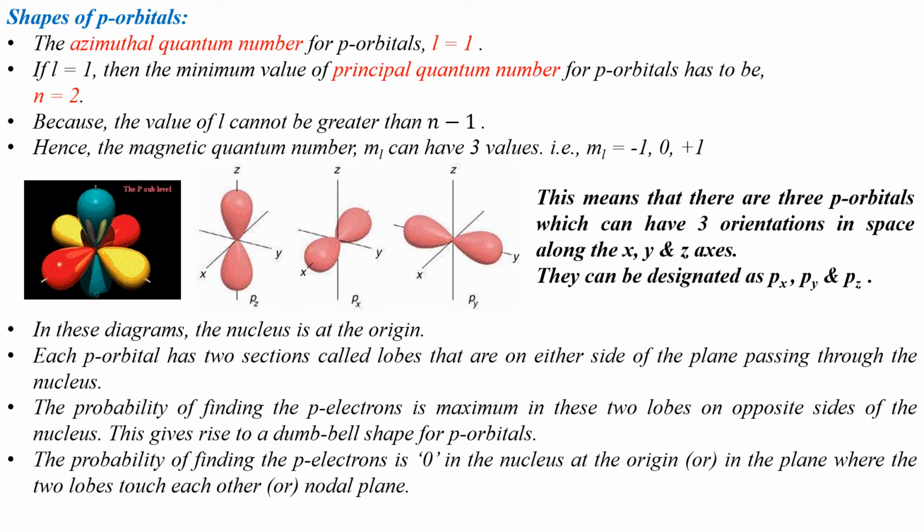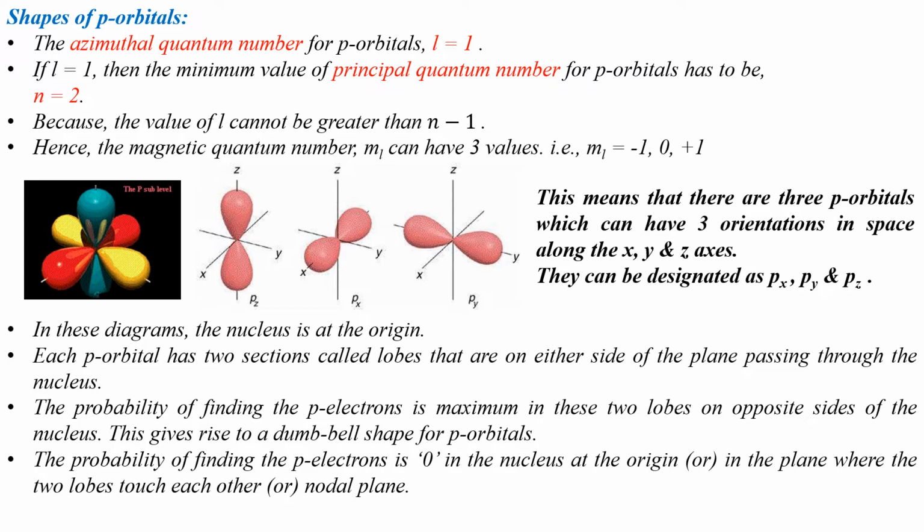Now what about the shapes of p orbitals? Unlike s orbitals, which are spherical and symmetric in shape, the p orbitals are not symmetric. For p orbitals, the value of the azimuthal quantum number l is equal to 1. If l is 1, then the minimum value of principal quantum number for p orbitals has to be n equal to 2.